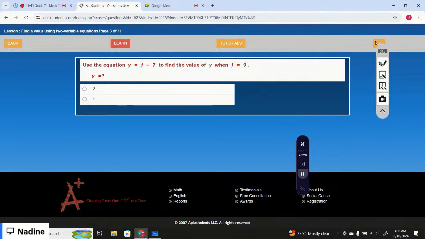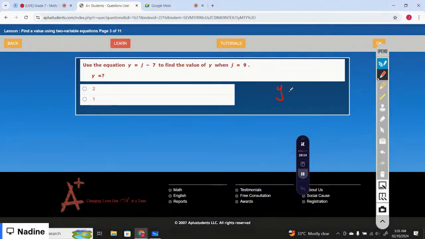The equation is y equals j minus 7, to find the value of y when j equals 9. So j is 9. 9 minus 7 it is, right? So y equals 9 minus 7 is 2.